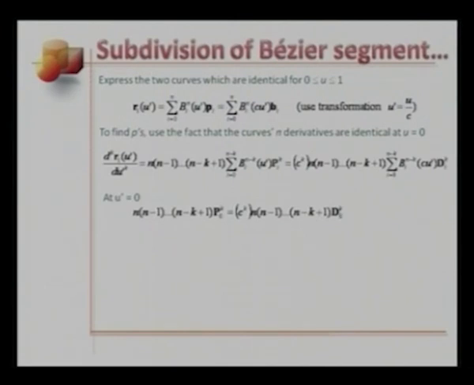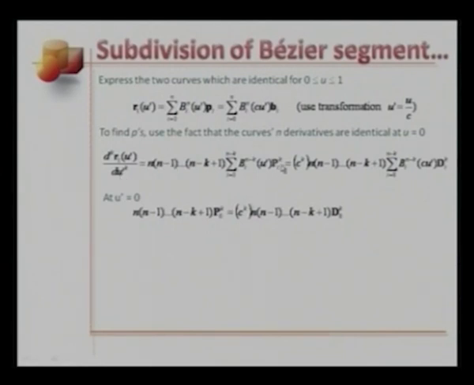A note here. This is the kth derivative of this Bezier segment here. And this is the kth derivative of this Bezier segment here. And both these derivatives are with respect to u prime.